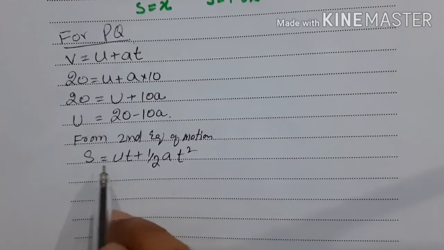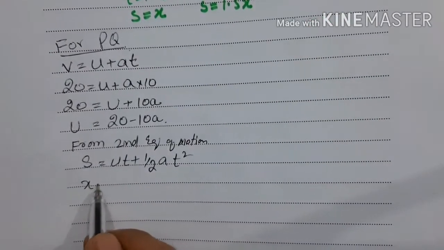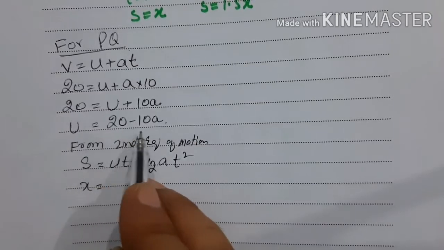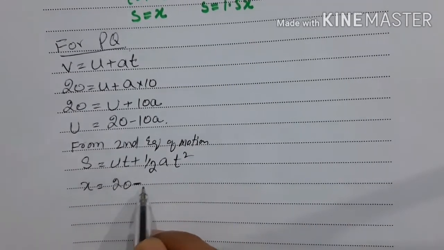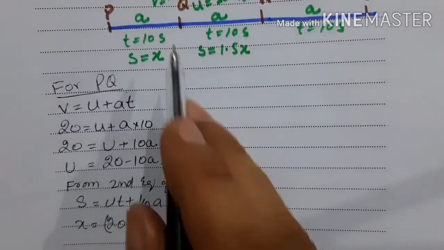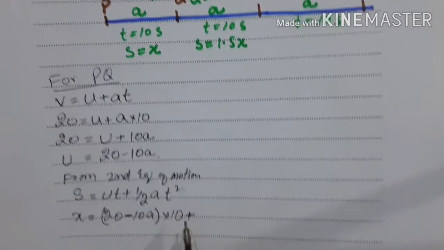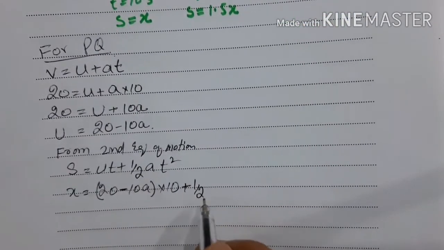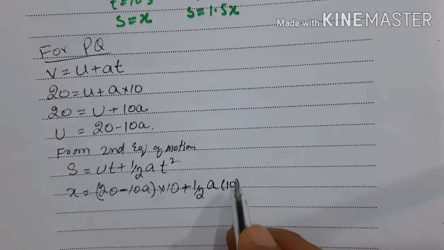So S is X, put the values. X is equal to U, which is 20 minus 10A, times time 10 seconds, plus 1 by 2 into A into 10 square.